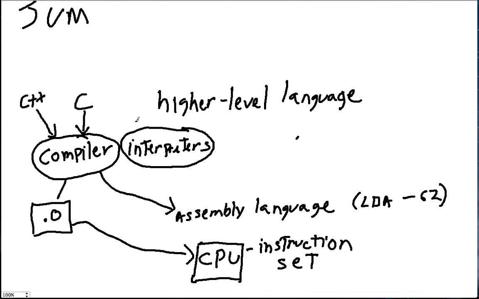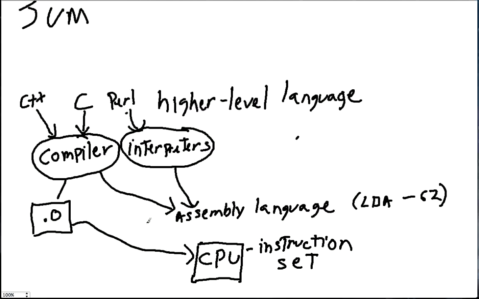An interpreter takes in the language, say Perl, which is an interpreted language. The interpreter takes it in, reads the program, and as it's reading it, it turns it into assembly language and then reads it again, turns it into assembly language. So it never creates this compiled file.